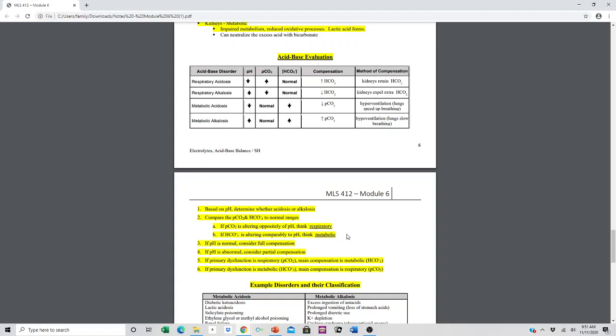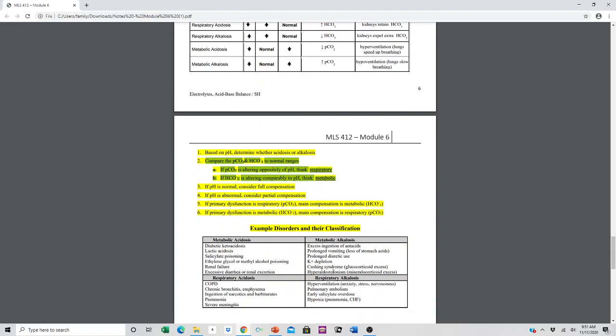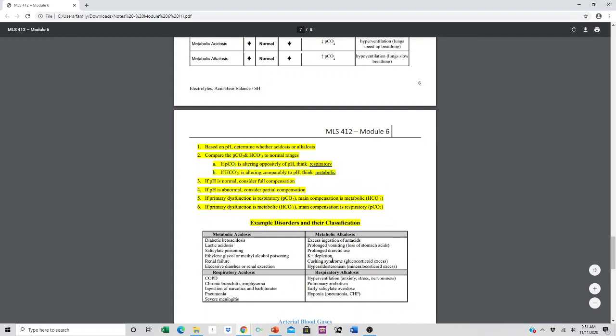This is not the only way to categorize these things. This is one of the ways that textbooks will go through and have you categorize these things. The reason that you may want to look at it this way for some of them is if the test question does not give you patient information. If a test question gives you patient information, such as one of these disorders listed here, usually I start with that. Well, I always start with pH first.